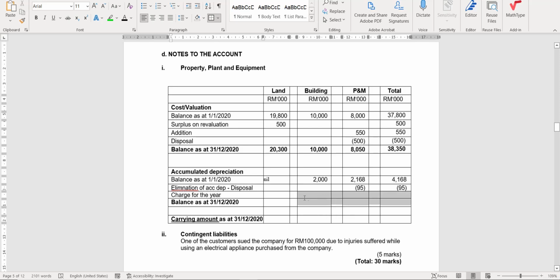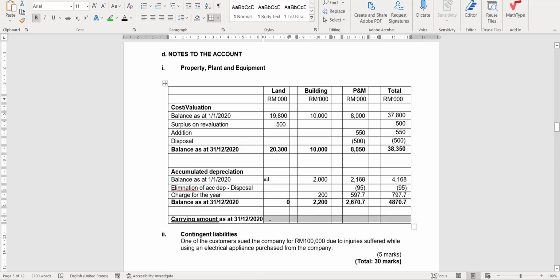The charge for the year will be the depreciation, and you can see that the depreciation for building was 200,000, we have calculated, and this one I've shown you the workings, 597.7, which is after the replacement of the new component. And at the end, the item here would be this item, and that is the balance for the accumulated depreciation.